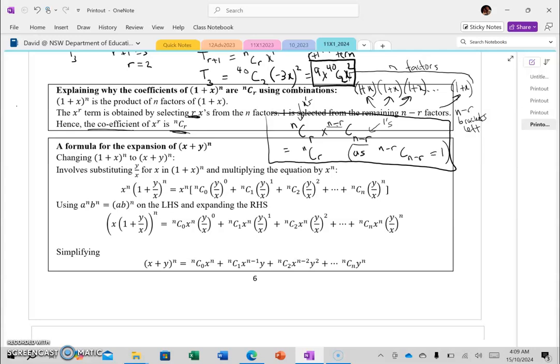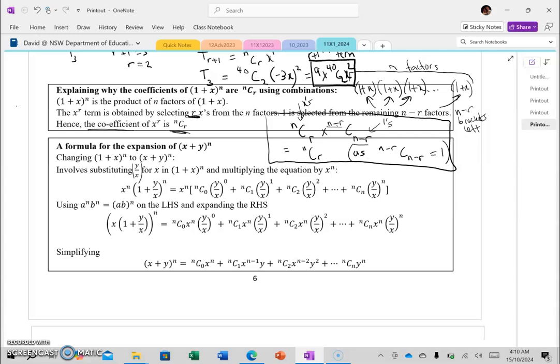Next, how can we go from 1 plus x to the n? We want to go to the general case of x plus y to the n. How do we do that? Okay, well, this is just one method, which involves a substitution or a replacement of x by y on x. Okay, and then what we do is we multiply both sides of the equation by x to the n.